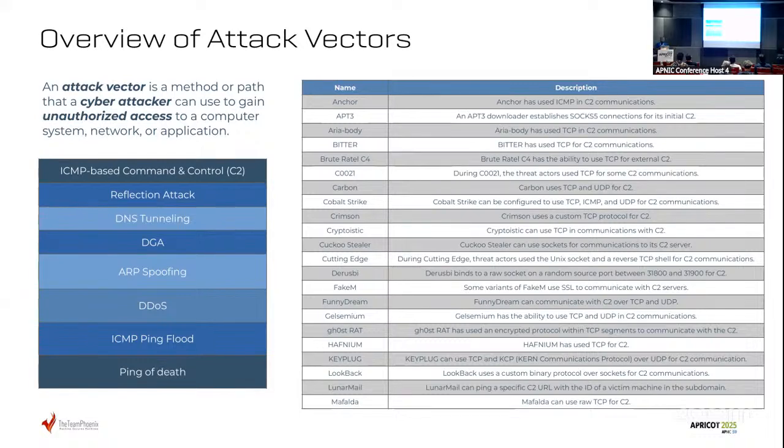The examples stated are command and control via ICMP, reflection attack, DNS tunneling, which also has a connection with DGA, that means domain generation algorithm, ARP spoofing, definitely DDoS, ICMP ping flood, and ping of death, both of which are also connected with any form of DDoS.